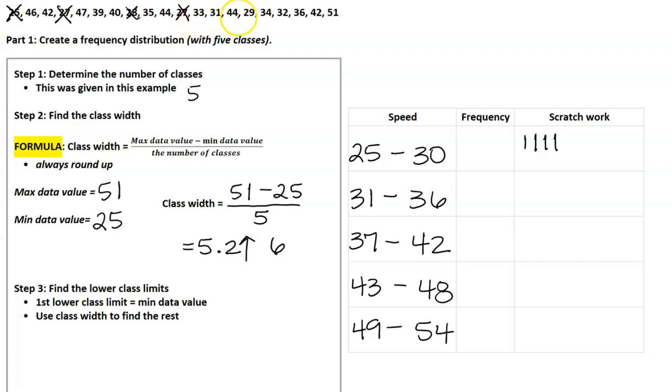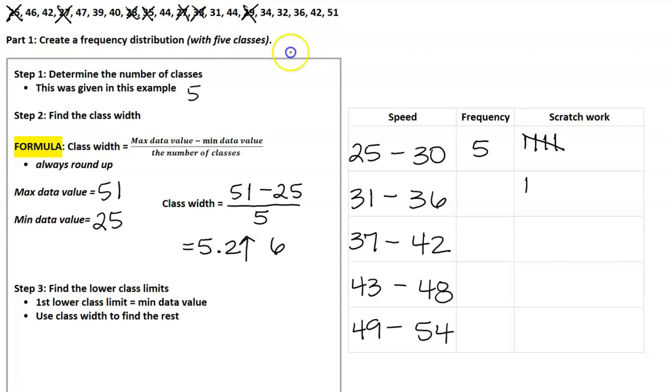Continuing down the list, we have 29 that is in that category, and the remaining numbers are larger than 30, so they will not be in the first class. So the frequency for the first class is 5. Moving on to the second class, we need all the numbers between 31 and 36, including 31 and including 36. The first one we have is 35.